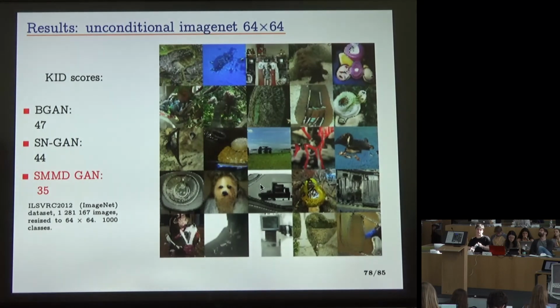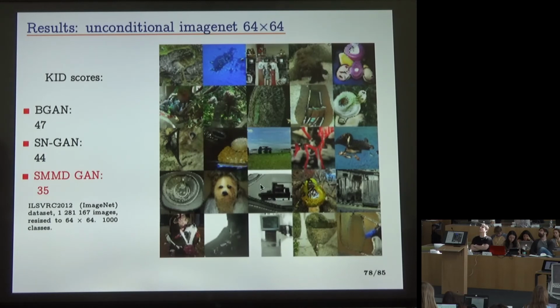The other thing we did, which at the time we published was a relatively new thing to try, is unconditional ImageNet. ImageNet is a massive data set of millions of images in tons and tons of different classes. Most people, when they train GANs on ImageNet, restrict themselves to one class. They say, I'm going to generate dogs, or I'm going to generate aeroplanes.